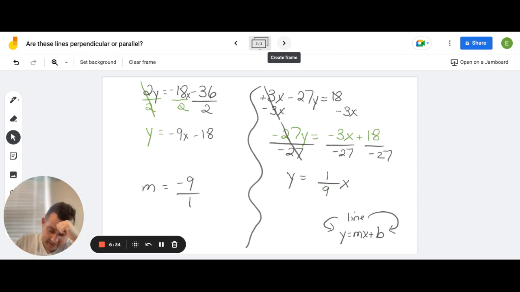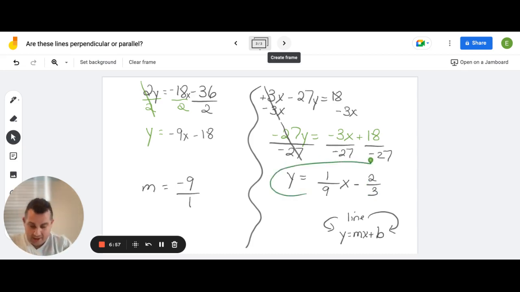Positive 18 divided by negative 27, our greatest common factor here is going to be 9. We know it's going to be a negative because a positive divided by a negative is a negative. 18 divided by 9 is 2, and 27 divided by 9 will be 3. So I'm left with y equals 1/9 x minus 2/3.